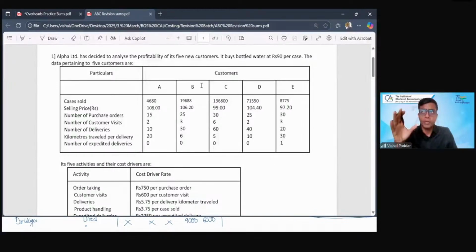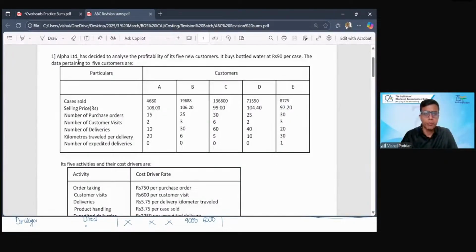So for manufacturing, even today, the traditional approach is used, means they have the option. Some use ABC, some continue with traditional. But in all service sector or any non-manufacturing entity, it is by default ABC. So here your questions also will not only be relating to production. So be very clear with the question, read it carefully.